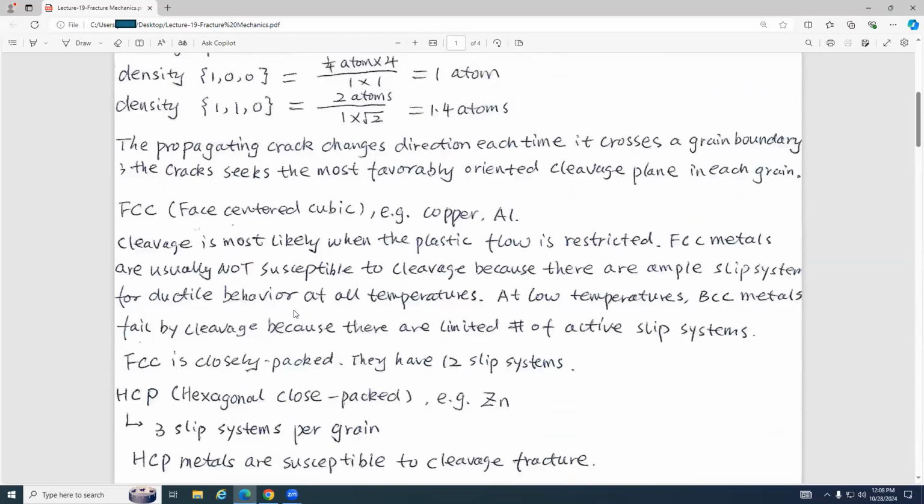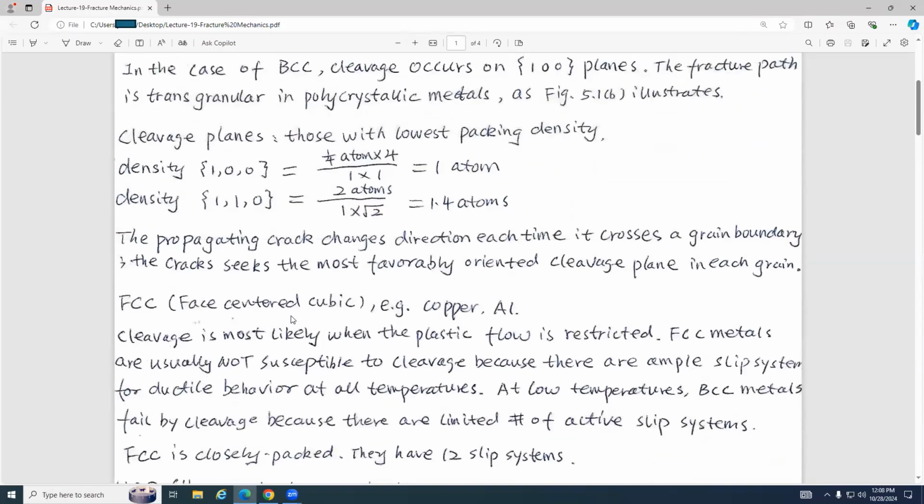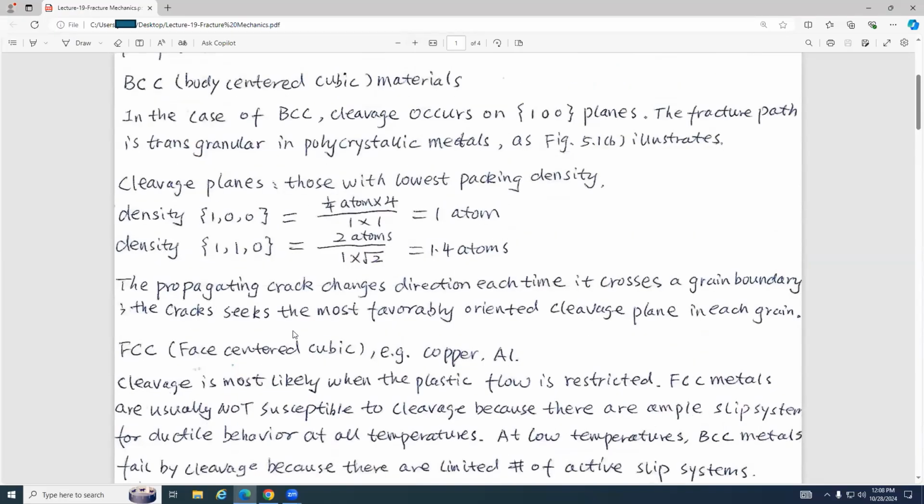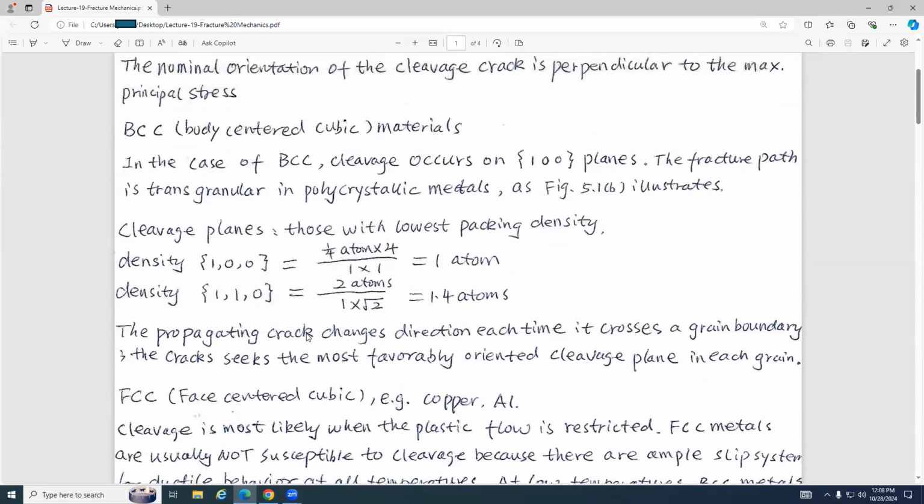If you have taken materials science, you should have a better understanding of what FCC is.